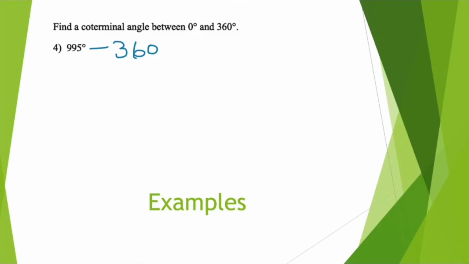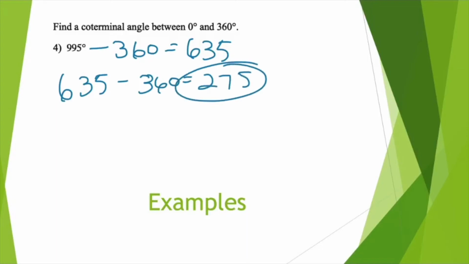If I first subtract 360 from 995, I get 635, but we're still not between 0 and 360. So with 635, if I subtract 360 again, I get 275, and now I am in range. 995 is coterminal with 635 and 275, which is in our range.